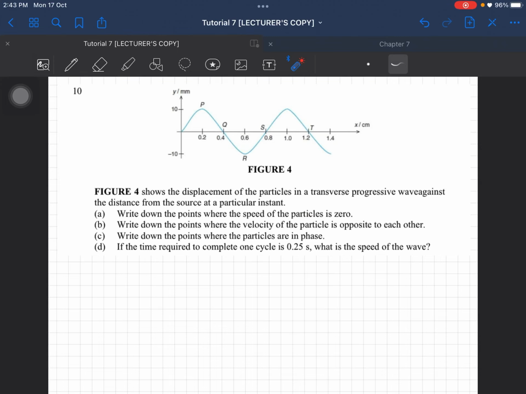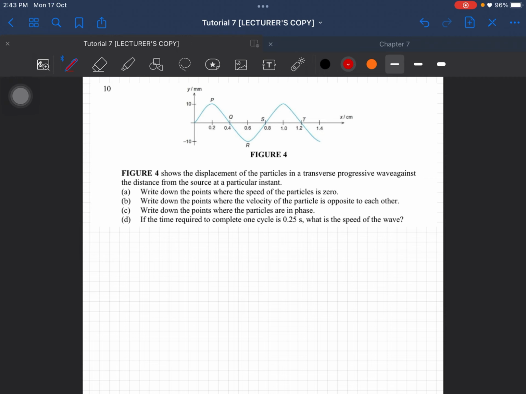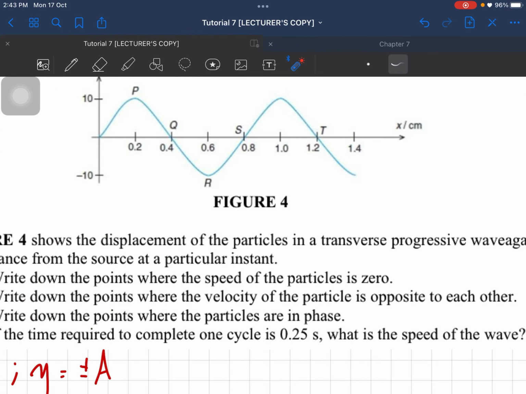However, theoretically, we know the concept that v should equal 0 at y equal to the amplitude. So from the graph, we can see that point P and point R are both at the amplitude.